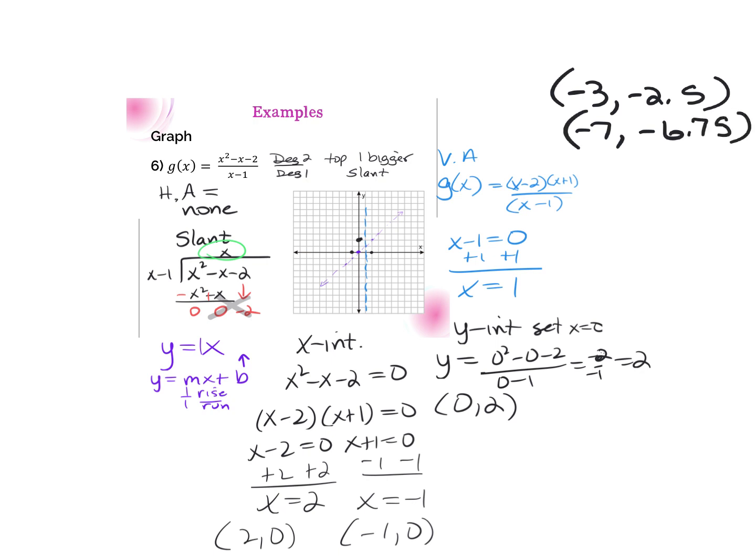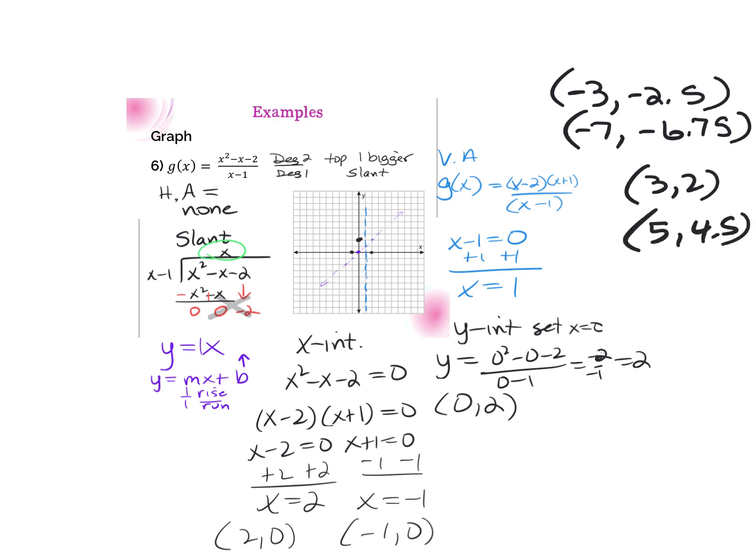So these would be 2 that are to the left, and then I can also pick 2 to the right of positive 1, which is the x value. So I could also graph 3, 2 and 5, 4.5.